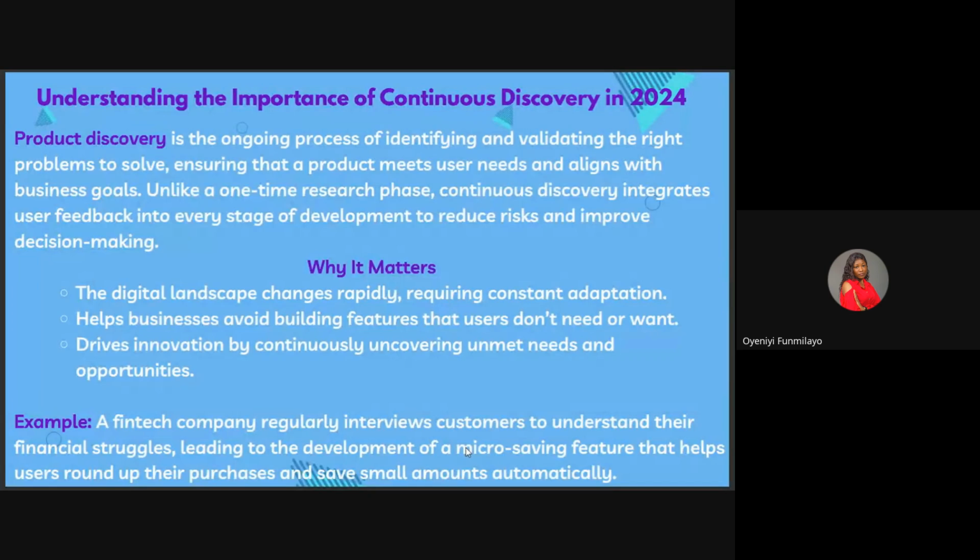You see, this particular company, if they did not interview the users, they would not know that they're supposed to have this micro saving feature on their app. They will not know. So it's very important as a product manager to continuously do product discovery, that's product research for your organization. It will actually go a long way.